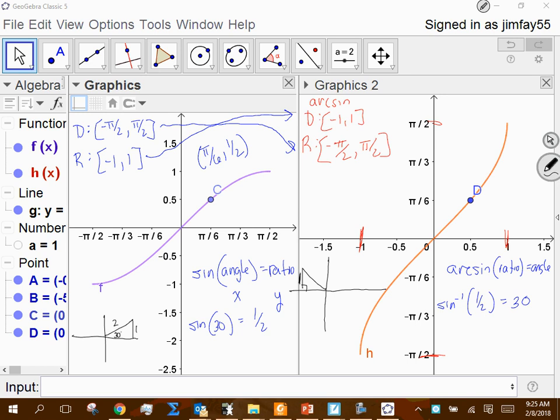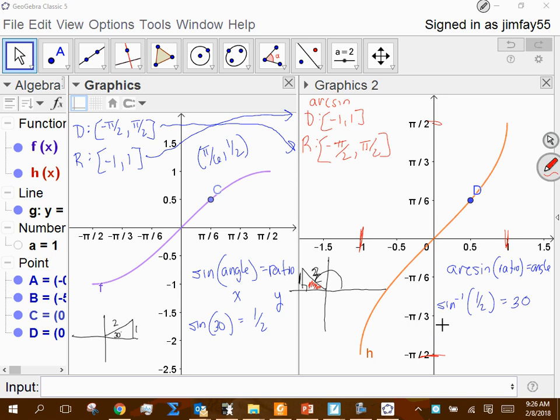Would this y value still be positive 1? And could this still be 2 here? Would that angle be 30? The red angle is 30, right? So what is this black angle? 150, right? Does that make sense, everybody?